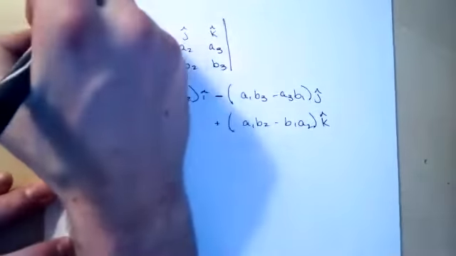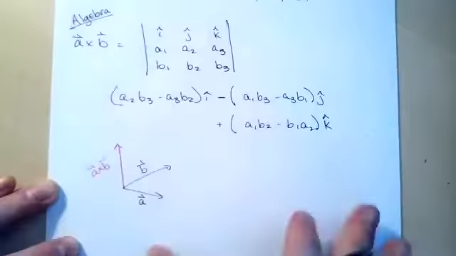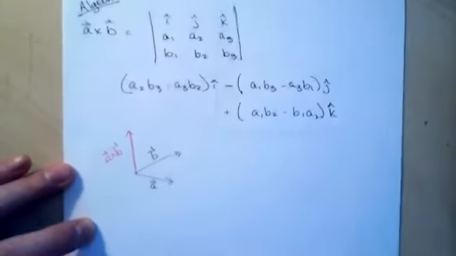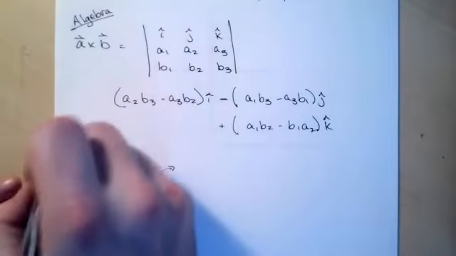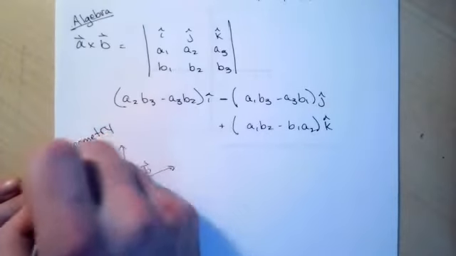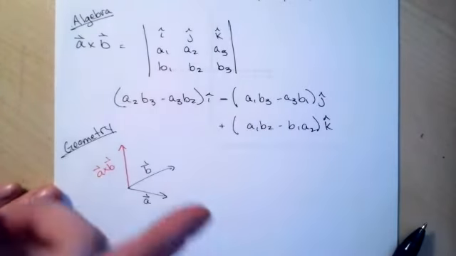So this is our algebra here of how to compute the cross products. And then here's our geometry. So we've got vector A and vector B. So it follows the right-hand rule.